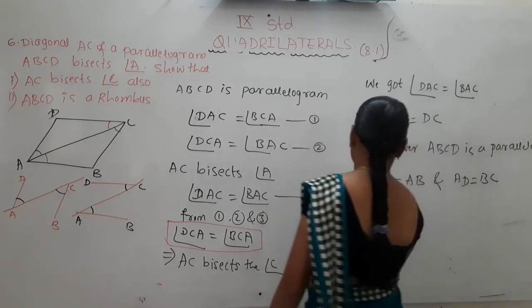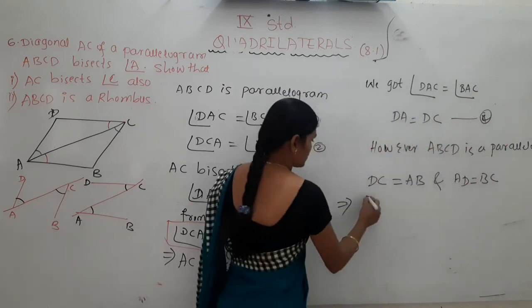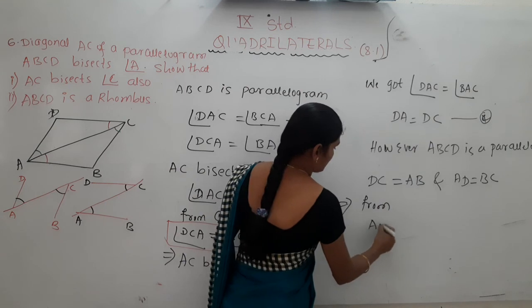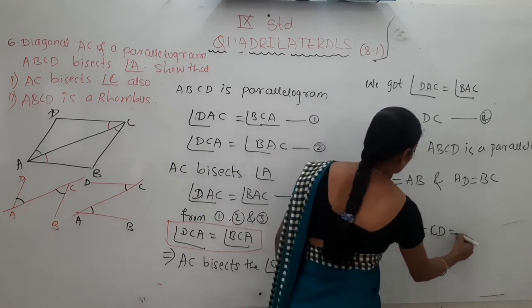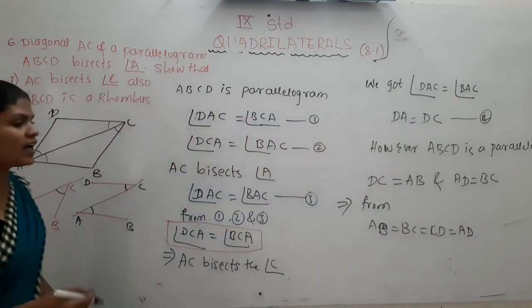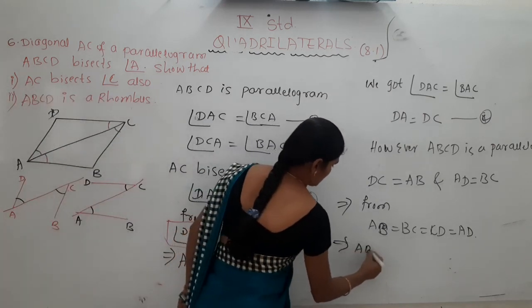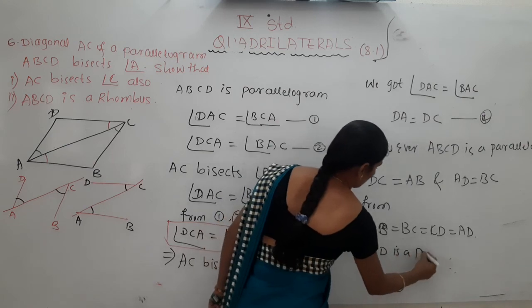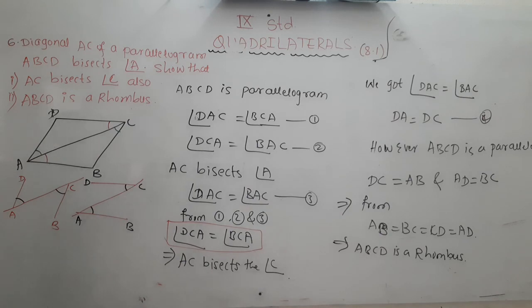This implies, from equation 4, AB is the same as BC, the same as CD, the same as DA. If all four sides of the parallelogram are equal, this shows ABCD is a rhombus. It is too easy as well as very short. Just pause the video and try it.